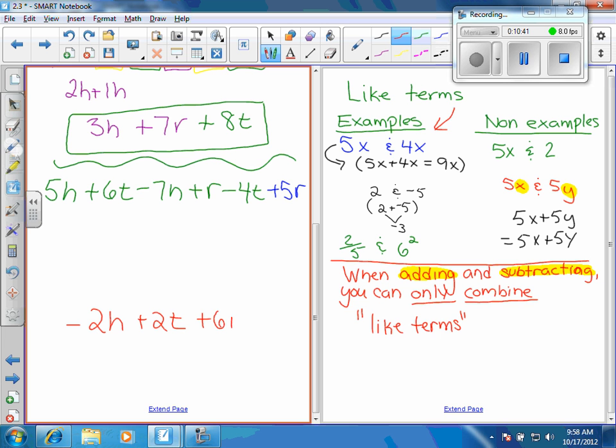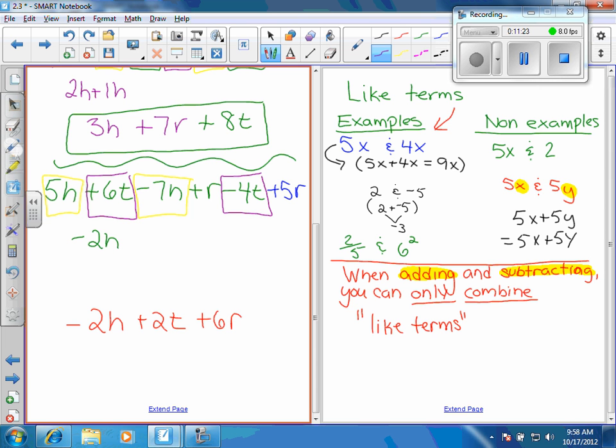Okay, so for those of you that don't understand that, what works really well is to kind of think of the operation, meaning add and subtract, as a negative and a positive. So you could take your 5h, that's positive, and you're going to subtract 7h. So basically make separate problems. Between those two, these two give you the negative 2h. And then you could take your positive 6t and your negative 4t.